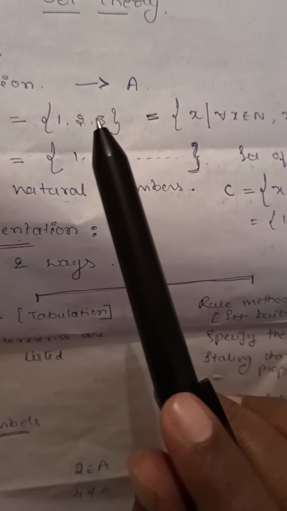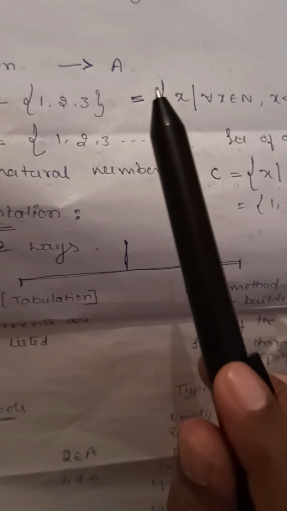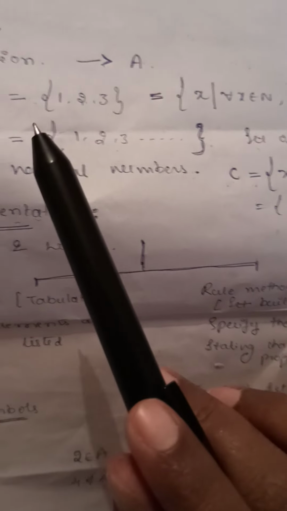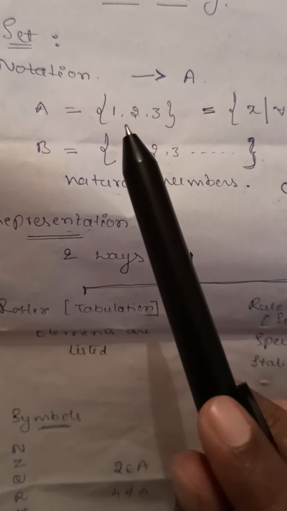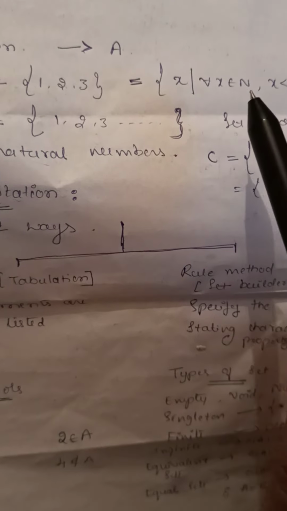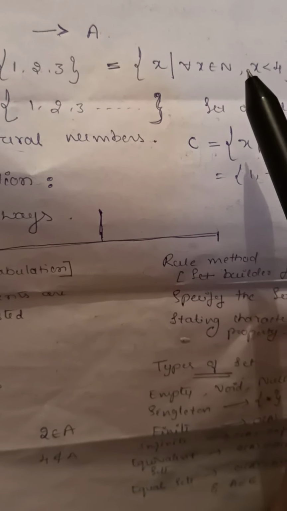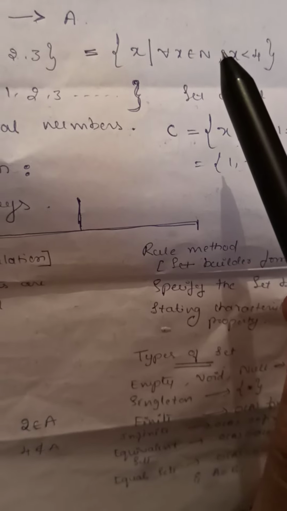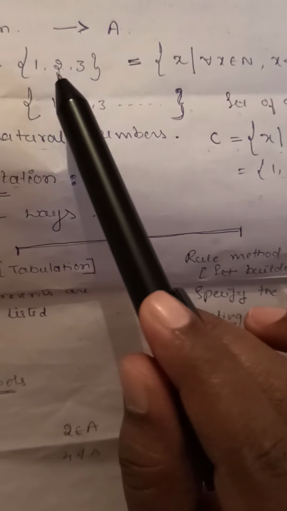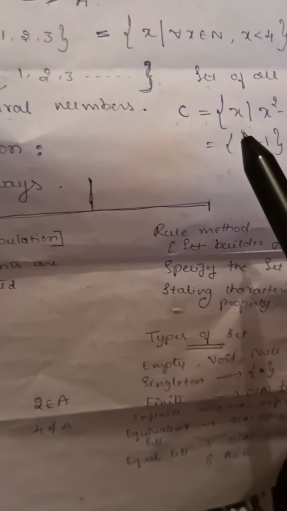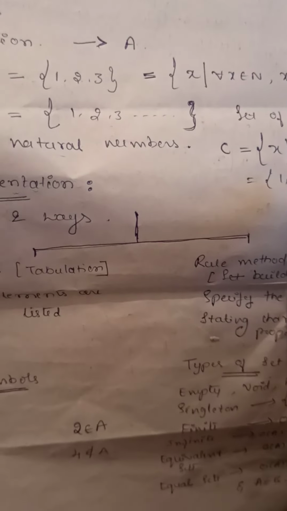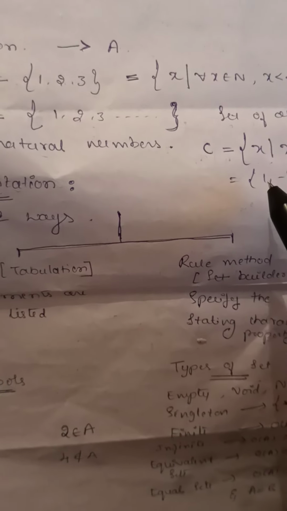In the first form, all the elements are listed, whereas in the second form, just a statement is written. This is nothing but roster form or tabulation method, and this is nothing but rule method or set builder form. These are two ways of representing a set. In this set also, this is rule method, whereas this is tabulation method or roster method.